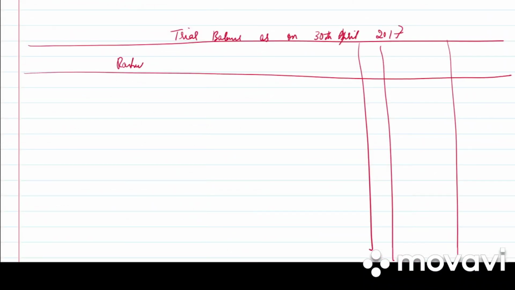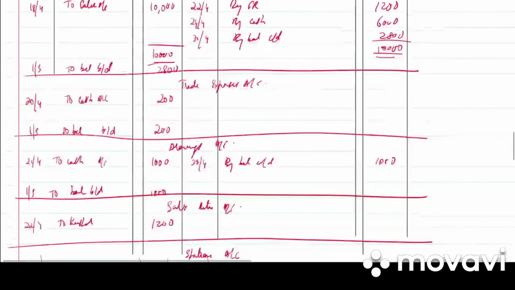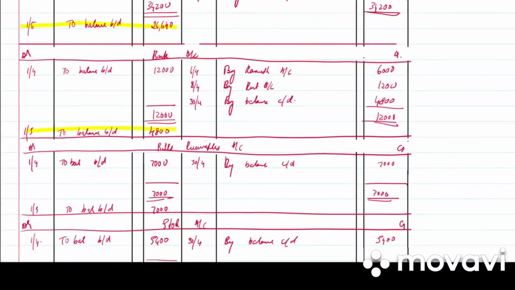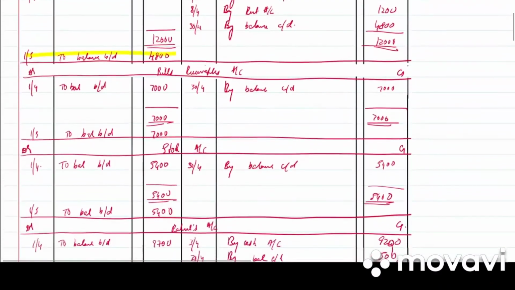So you have particulars, LF, debit balances and credit balances. Next we have the bank account. Bank account shows the debit balance of 4,800.